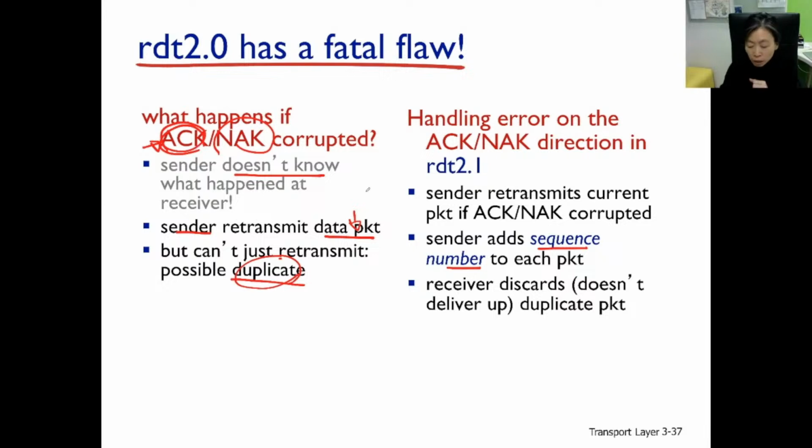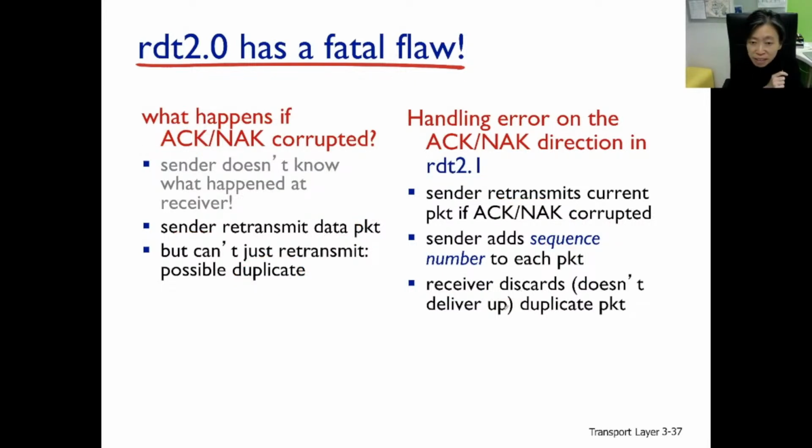So, unlike in RDT 2.0, the sender will just retransmit the current packet in case the feedback is corrupted. But the packet carries a sequence number that allows the receiver to tell whether this is a duplicate or not. In case the receiver detects a duplicate, it would discard the duplicated packet. And this is RDT 2.1.